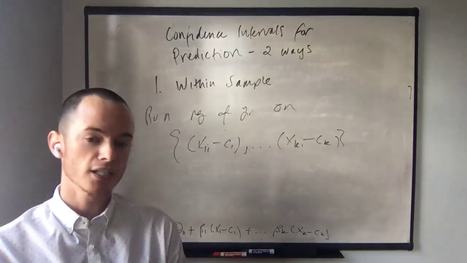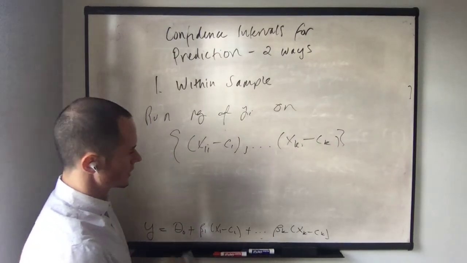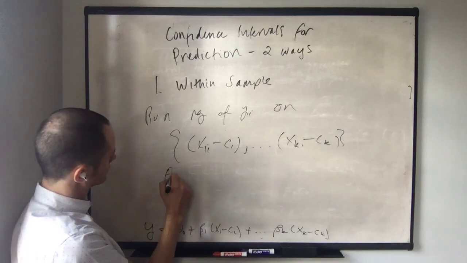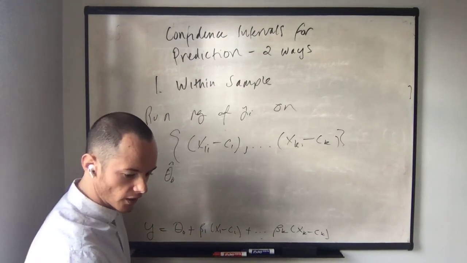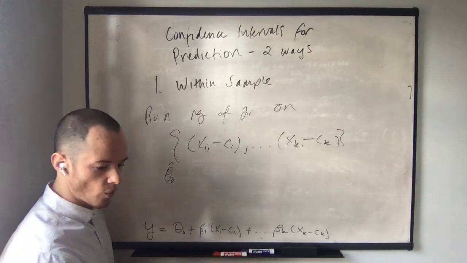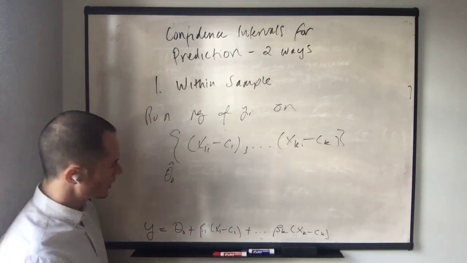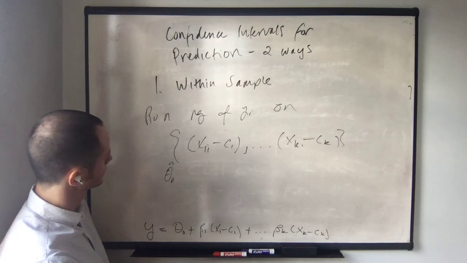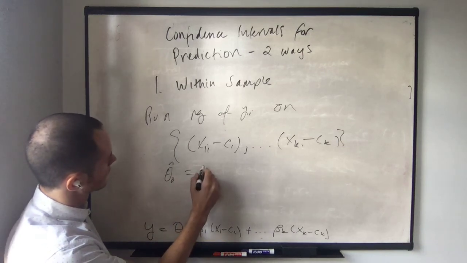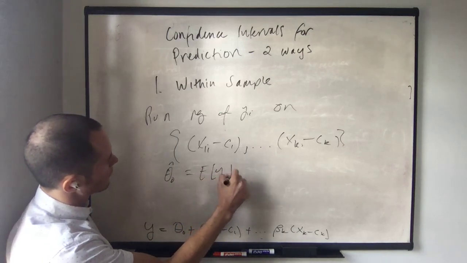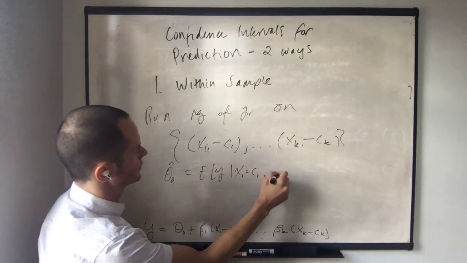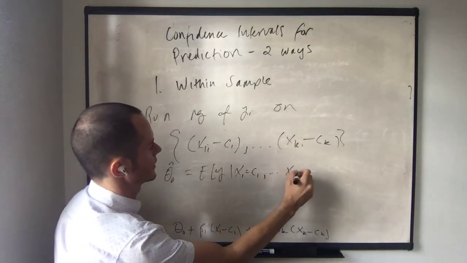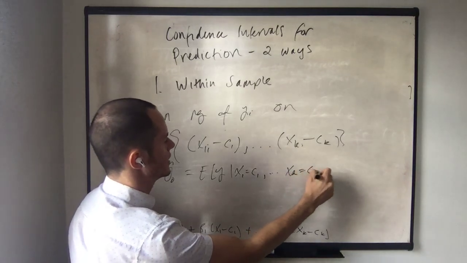And then the predicted value for the intercept, theta naught, is that y hat that we were looking for. That's the expected value of y given x1 is equal to c1, xk is equal to ck.